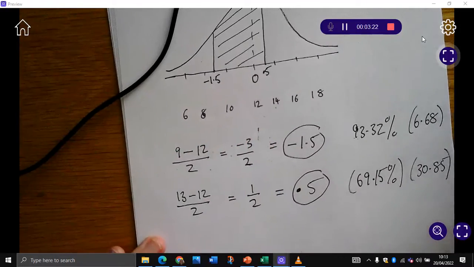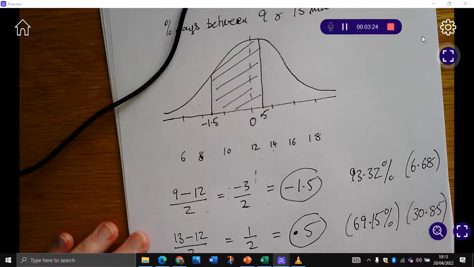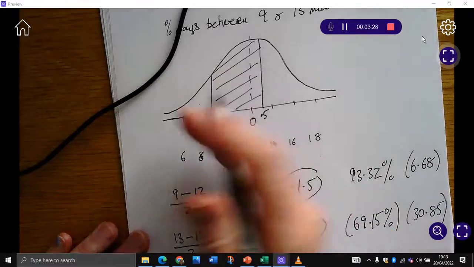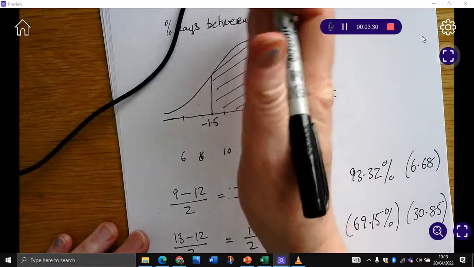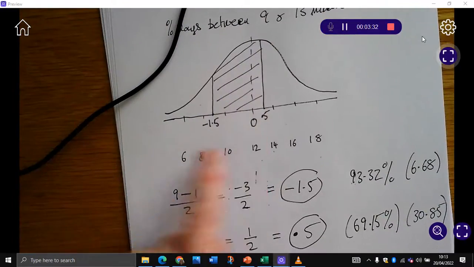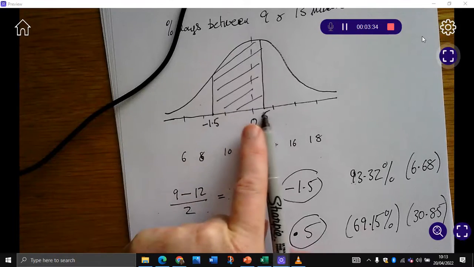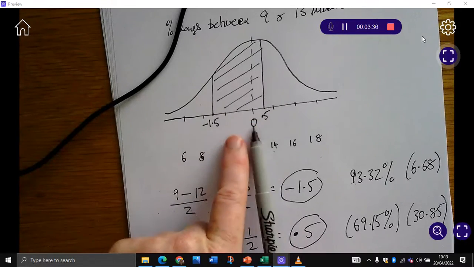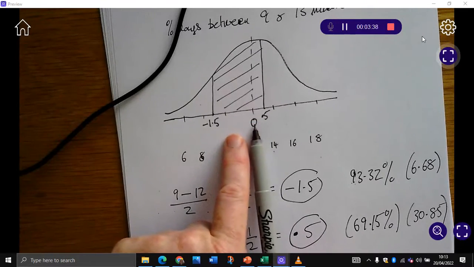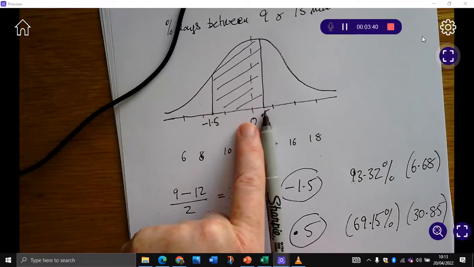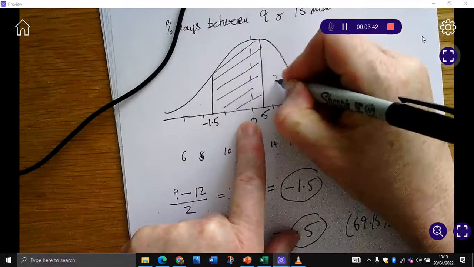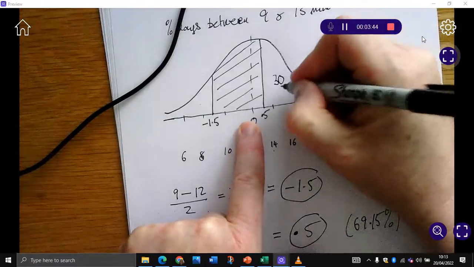So 0.5 gives 69.15. So that's everything up to that point. Okay? From left to right, that's 69. It's passing the halfway mark, the 50% mark. 69.15. So straight away we can put this bit of the jigsaw together.